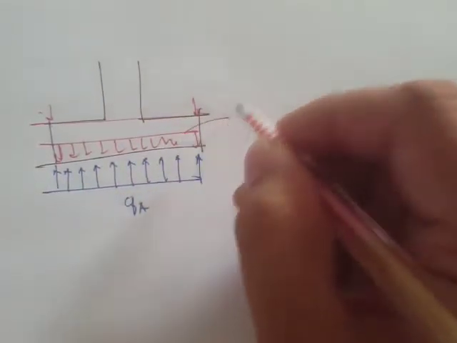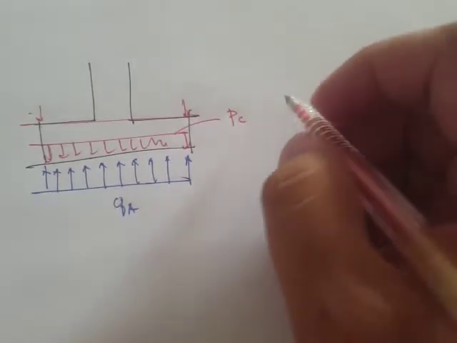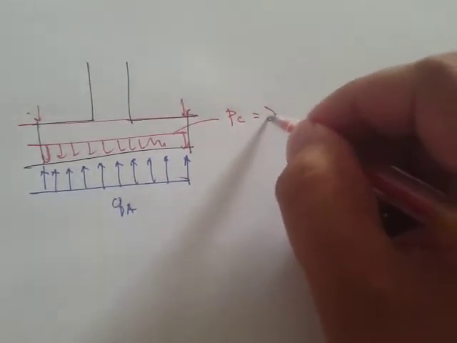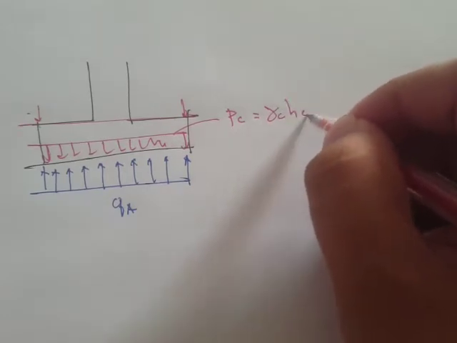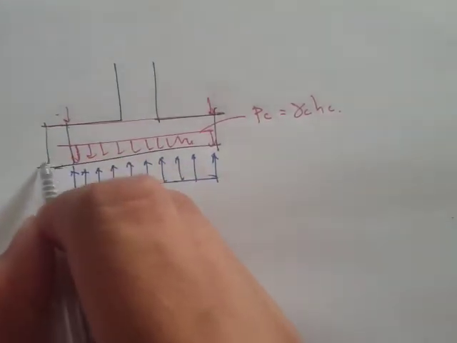So this is P sub C, meaning pressure from the concrete, which is just equal to the unit weight of concrete times the height of concrete. And what's the height of concrete? It's just this one.